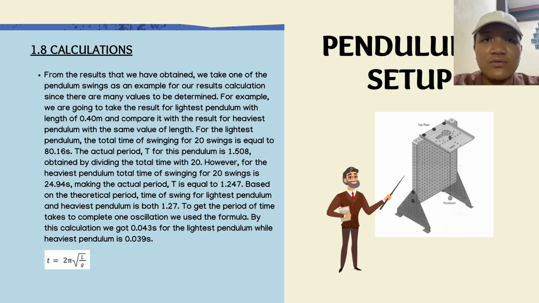Our results show discrepancies between actual and theoretical periods, likely due to air resistance and timing precision. In conclusion, while the theoretical formula is a good predictor, real world factors like air resistance and mass distribution affect pendulum motion. This experiment highlights the importance of experimental validation and the complexity of physical systems.